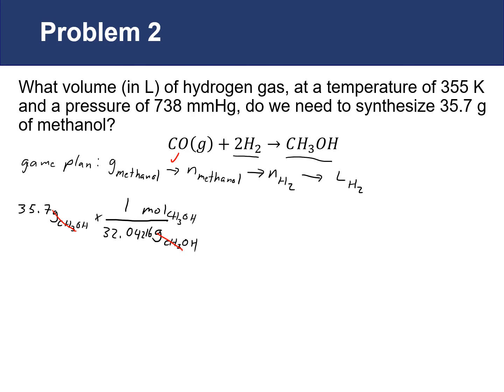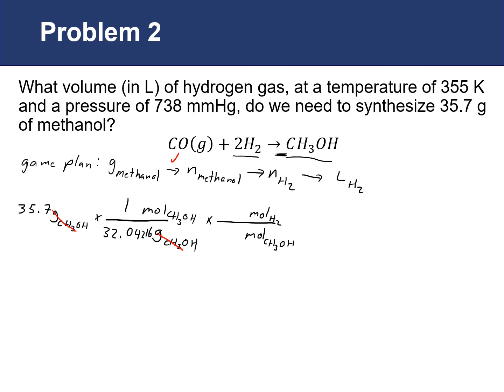We want moles of hydrogen. So we're going to multiply this by our mole fraction that we get from our balanced chemical equation. So that would be moles. We want to cancel out moles of methanol, CH3OH, and we want to convert into moles of hydrogen. The values that go into our fraction come from our balanced chemical equation.